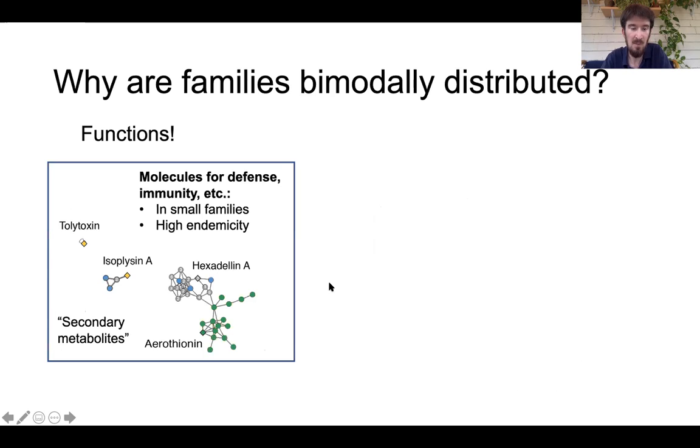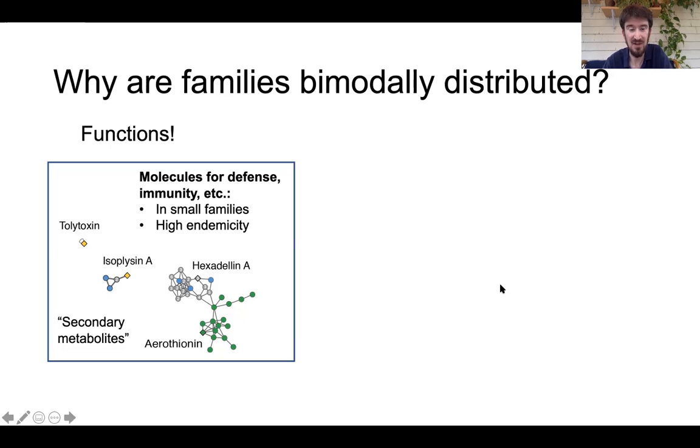Molecules involved in things like defense and immunity were found in small families. The types of things we often call secondary metabolites were found in very small molecular families, and they were also highly endemic. So both the molecules themselves and the families tended to only be found in a single ecoregion.